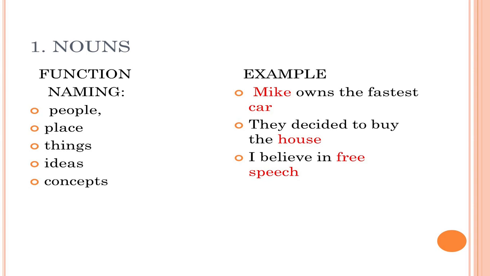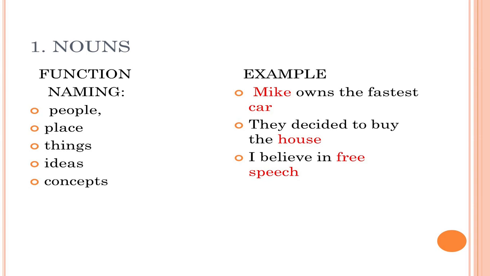In this first example, the word Mike is a noun. It is the name of a person. And so it is a noun. It is called a proper noun, the name of a particular person. You will learn more about this. I'm sure you already know what the proper noun is.